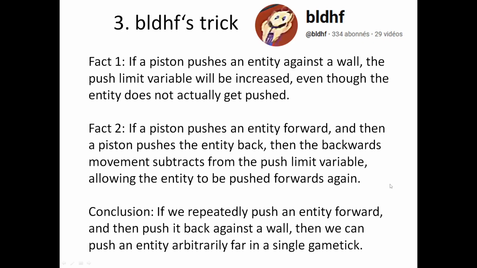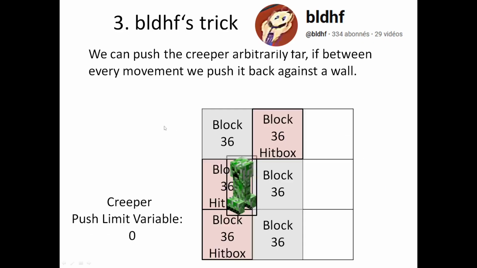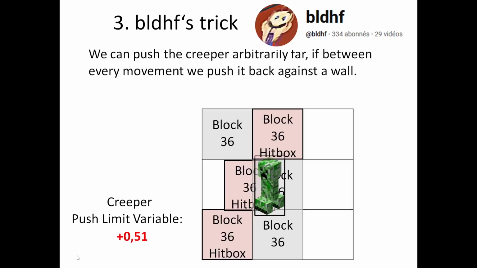So here's a PowerPoint slide for that. Here we have a creeper, and it's stuck in the block 36 hitboxes of 3 different block 36. If the first block 36 gets processed, the creeper gets pushed forward, and the push limit variable gets set to 0.51. So it can't be pushed more to the right anymore.